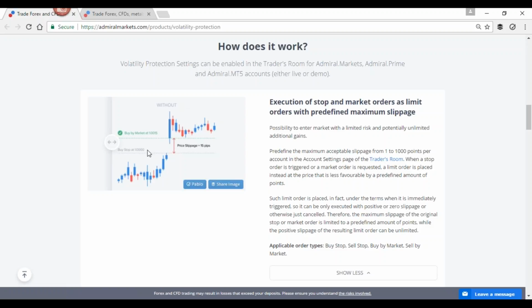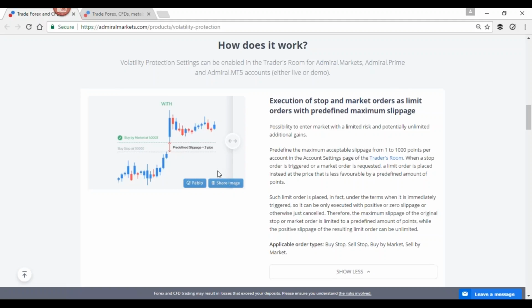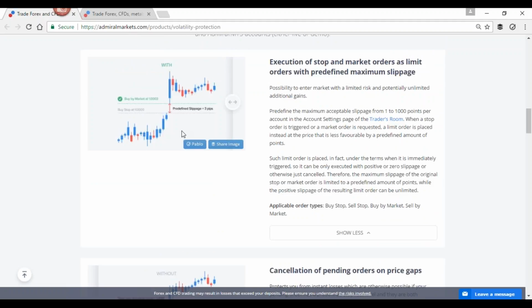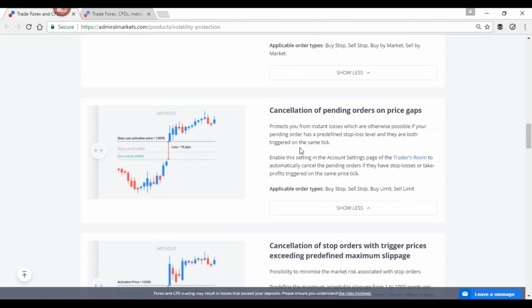Here you can see that without it, you would be entering at a higher price, but with this option there would be a limit order at the price that you were aiming for with the pending order. That's useful if you are trying to defend yourself against a widening of the spread, or you see slippage and you don't want to encounter that.